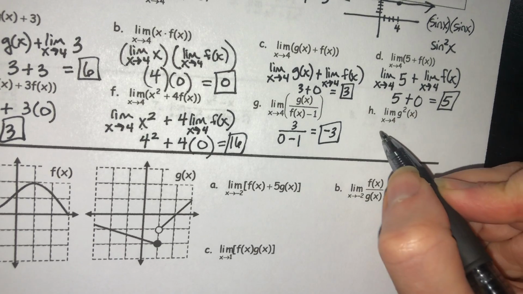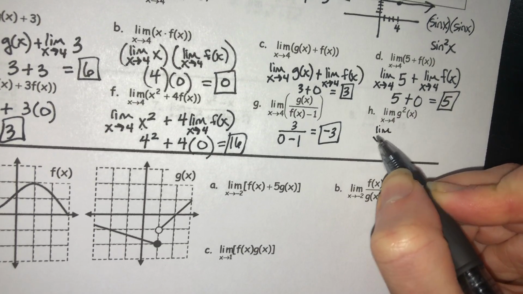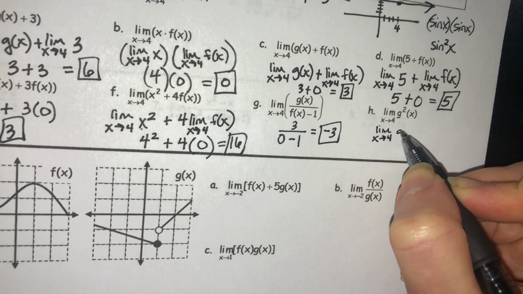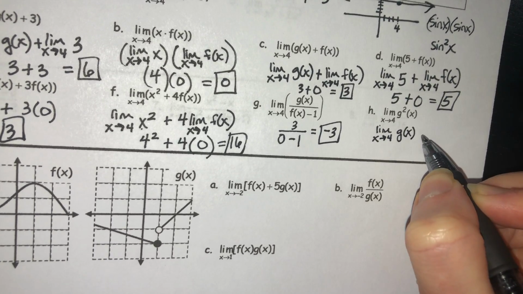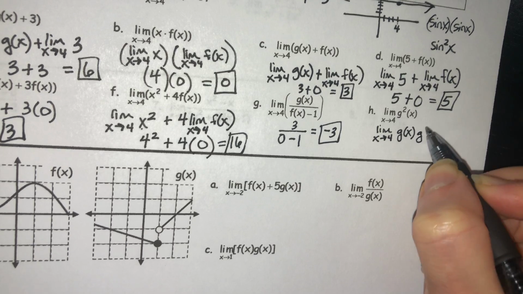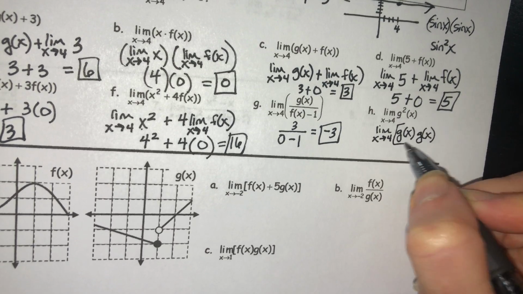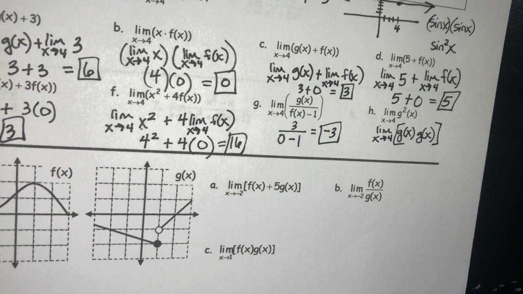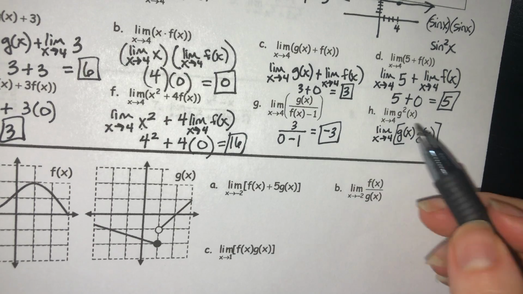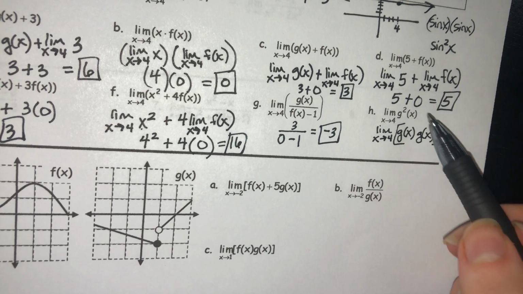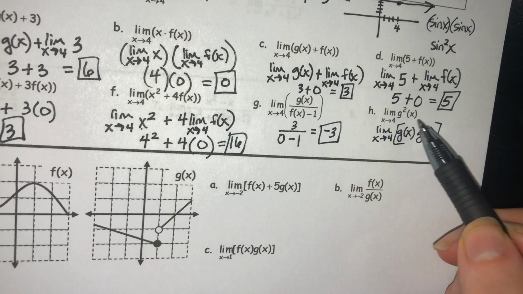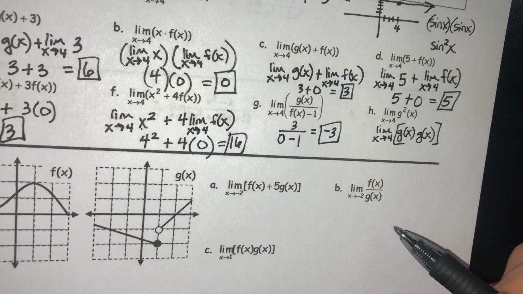What this means is the limit as x approaches 4 of the function g of x times the function g of x times itself. So instead of putting it in parentheses with a square, they just stick it between the function name and the of x notation.